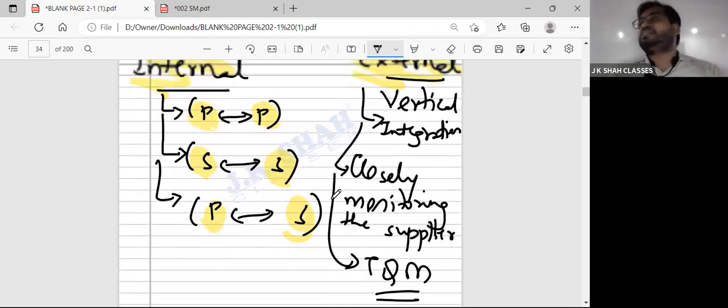Closely monitoring the supplier. What is closely monitoring the supplier? Closely monitoring the supplier means you calling your supplier to your factory and telling them your raw material is essential to my production. I want 2 things from you, 2 commitments. Number 1, timely delivery of raw material. Number 2, good quality raw material.